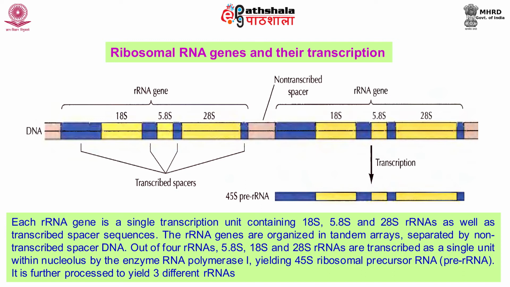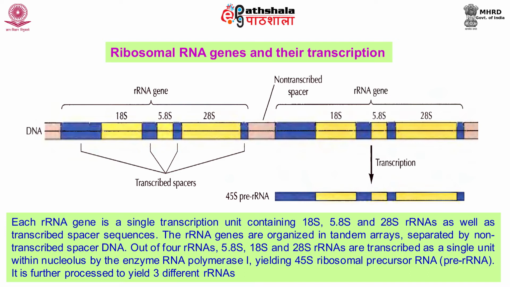The ribosomal RNA genes are organized in tandem arrays separated by non-transcribed spacer DNA. This arrangement in tandem repeats is likely to produce a high local concentration of various factors required for ribosomal biogenesis and so increase the efficiency of ribosome production.